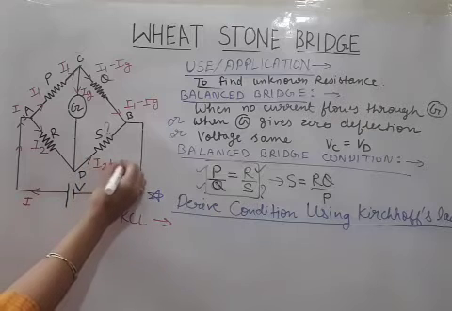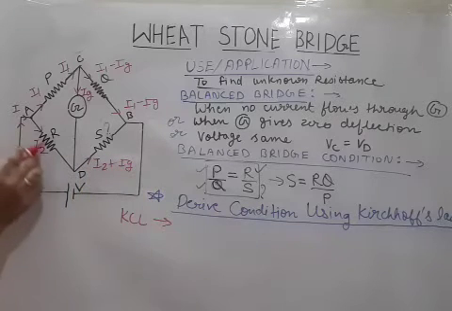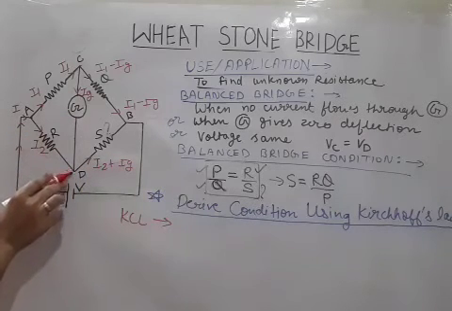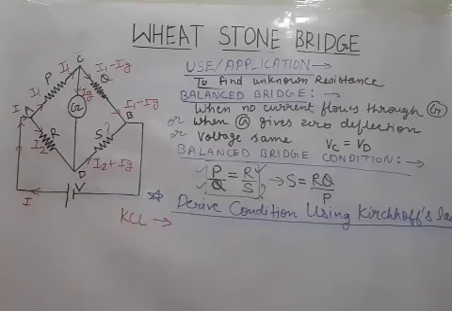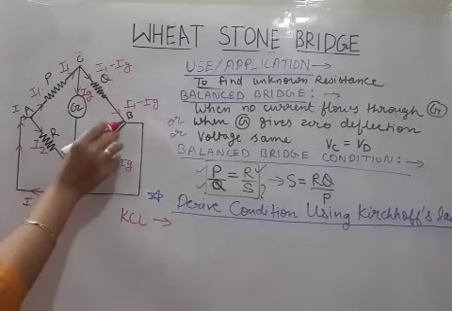It will be I2 plus Ig. So I2 plus Ig is the current in the DB branch.